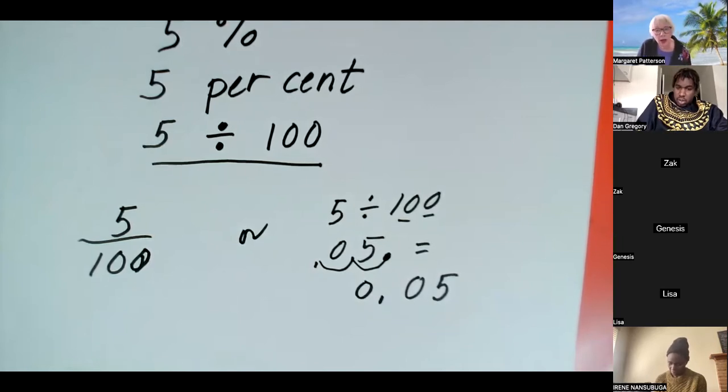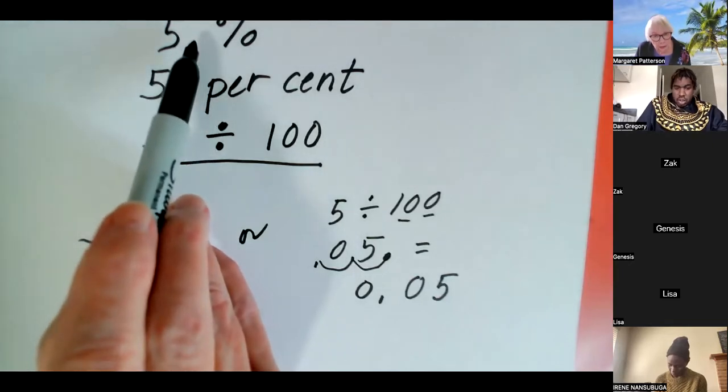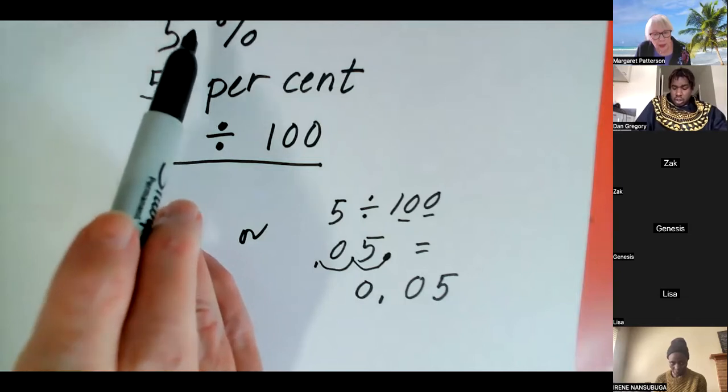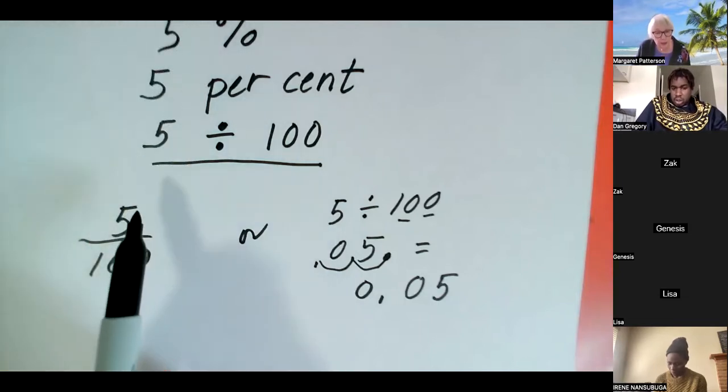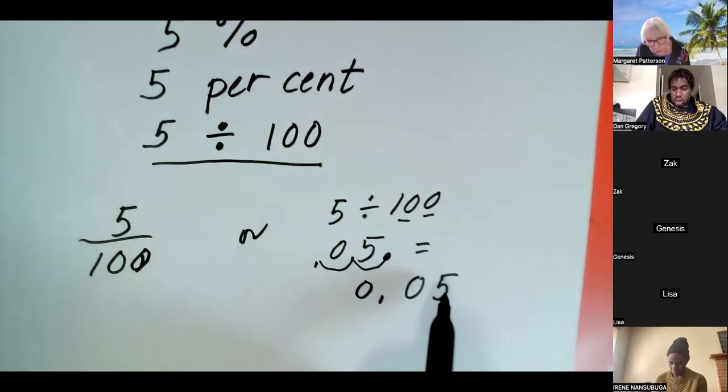But once in a while, the fraction way is actually easier, and I'll show you when that comes up. In a few of the problems, it's easier to use fractions. But if you're going to do a computation, you don't multiply by 5. If you want 5%, it's either 5 divided by 100 or 0.05, the decimal way.